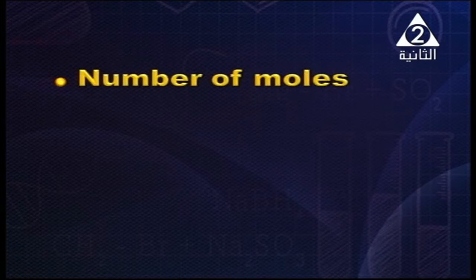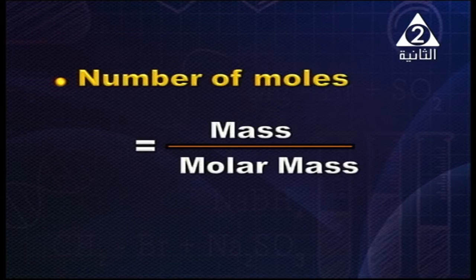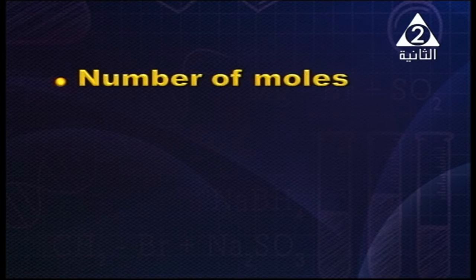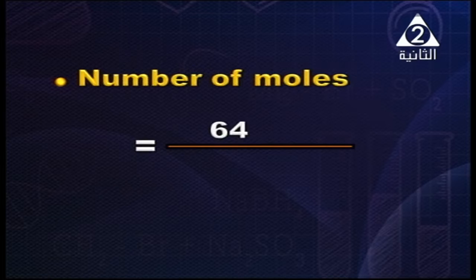Now the number of moles equals mass over molar mass, from the triangle which you studied before. So the number of moles equals mass 64 over molar mass 32. The result is 2.